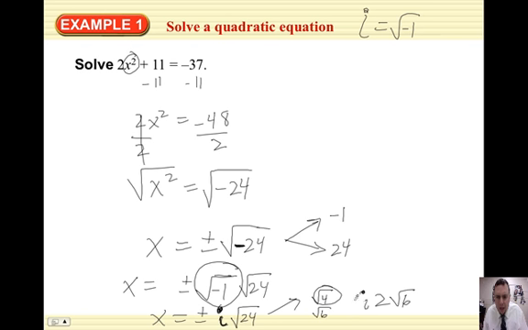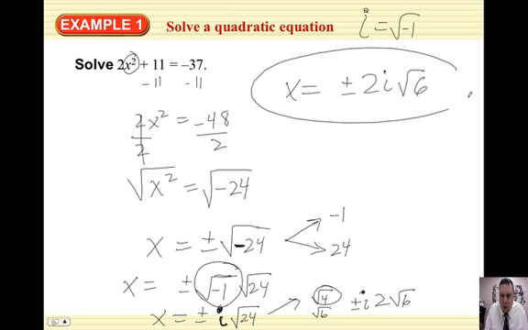So instead of saying i 2, we're going to say 2i square root of 6, but it's also plus or minus. So x equals plus or minus 2i root 6. Basically the only thing different is if there's a negative underneath, you're going to have an imaginary number i. So you just have to know where to put it. Outside the square root, never inside. That's it for example 1.